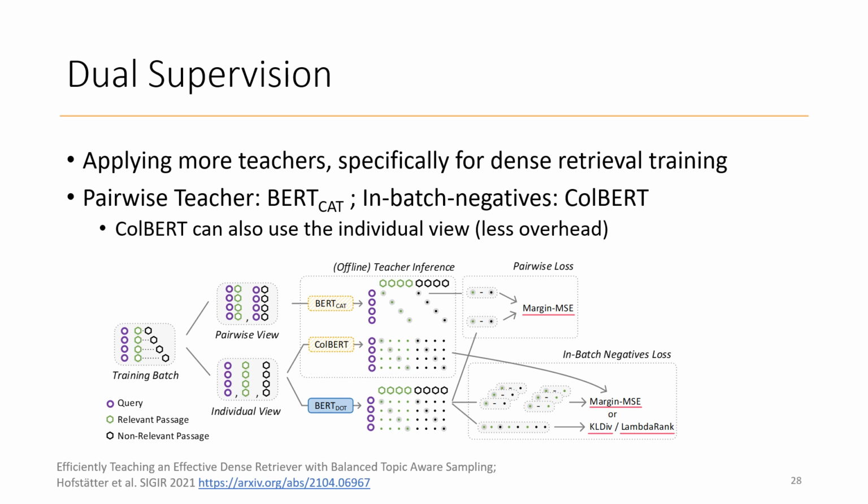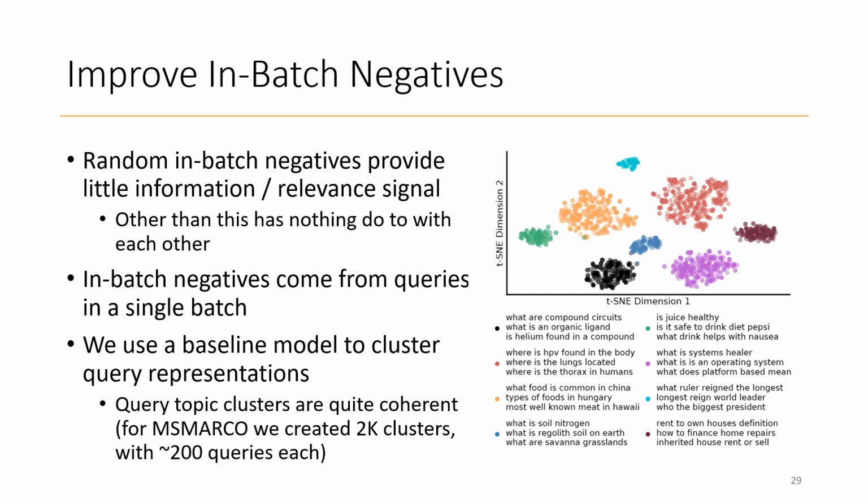And for the in-batch negative loss, we can combine the Colbert scores with the BERTDOT scores either by using Margin-MSE on pairs of scores, or we could also use something like KLDIF or lambda rank and look at the in-batch negatives as a list-wise loss. So now we have a good supervision signal for in-batch negatives.